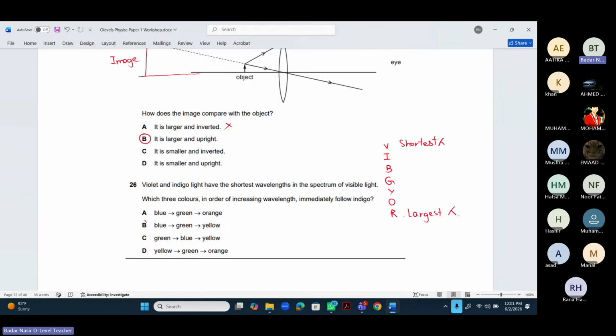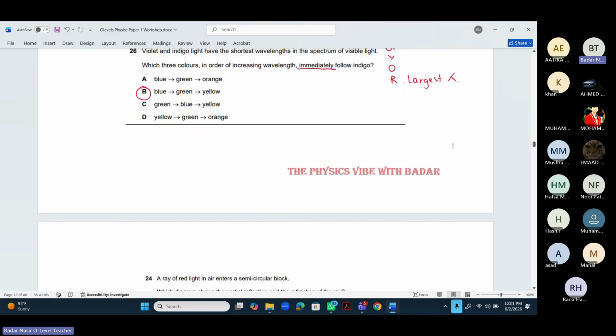So blue, green और फिर yellow. So 26th का correct answer is B. Okay? So ये sequence आपने देख लेना है. Okay. Next में ये आपको याद होना चाहिए.